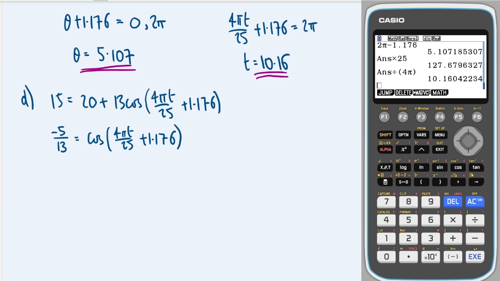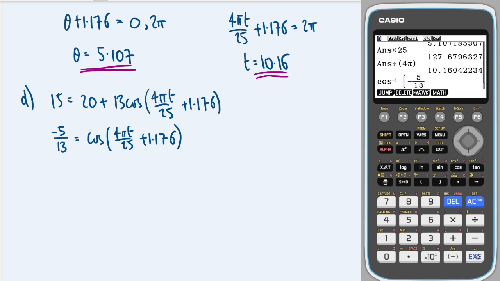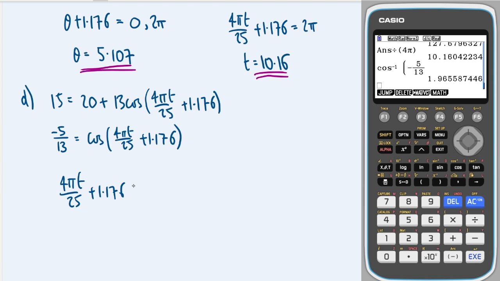So what we're going to do next is cos to the minus 1 of minus 5 over 13. Great. So we're going to get 4 pi t over 25 plus 1.176 is equal to 1.966.